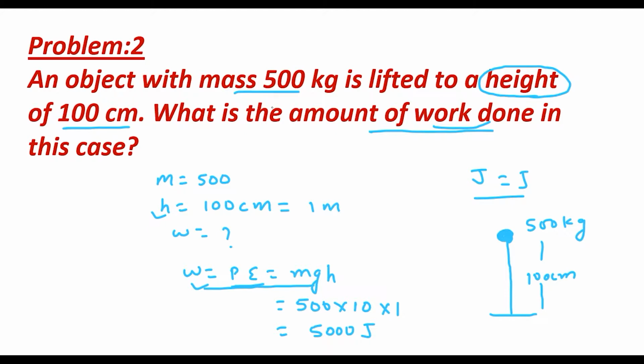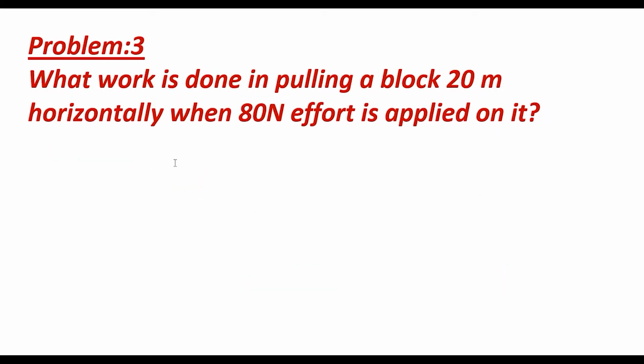Let us look at the next problem, number 3. In this problem, what work is done in pulling a block 20 meter horizontally when 80 Newton effort is applied on it? First of all, write whatever is given in the question.